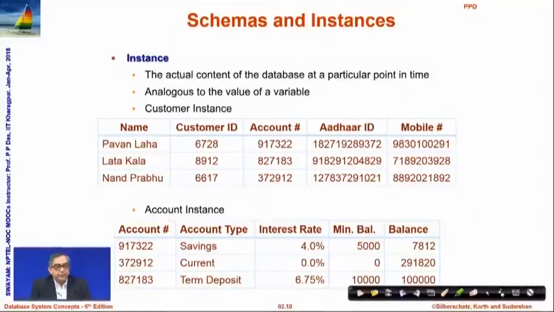Maybe at a certain time the bank might decide to change the interest rate for a certain type of account, then the interest rate field will change. New customers may come into the customer instance, and so on. So, instances keep on being regularly updated, manipulated, added, deleted, but the schema remains unchanged.